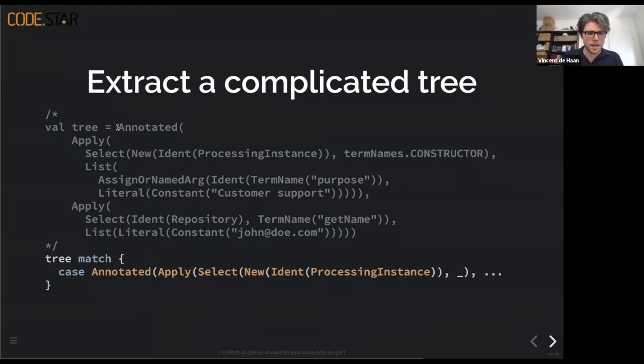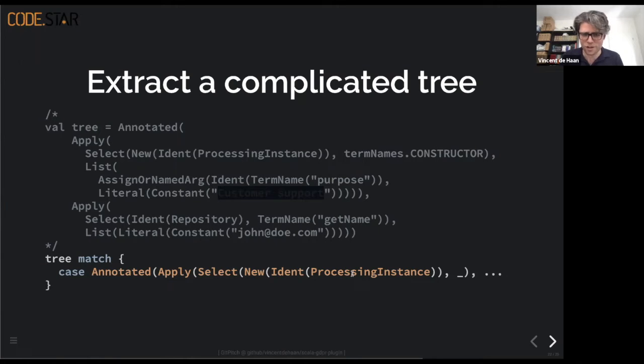But then I had this complicated tree, and I wanted to get some things out of it. For example, this string. So I thought, well, I can use pattern matching to extract it. But as you can see, it becomes quite complicated, and I lost track of everything.